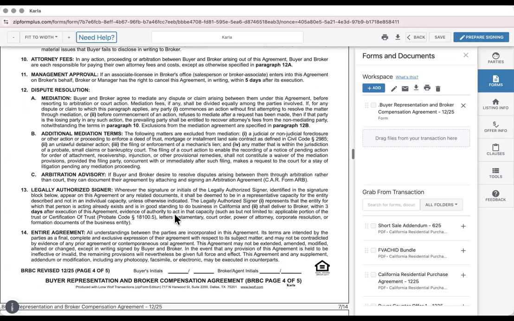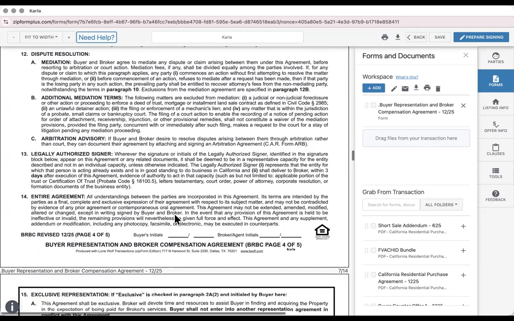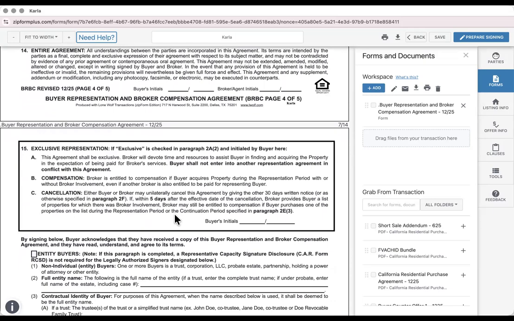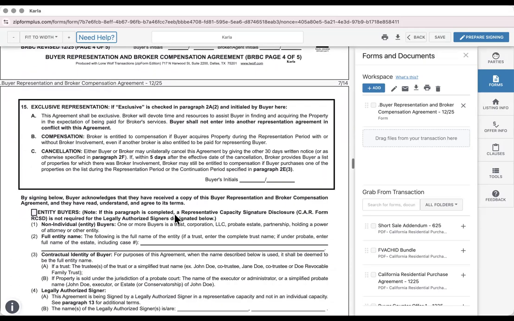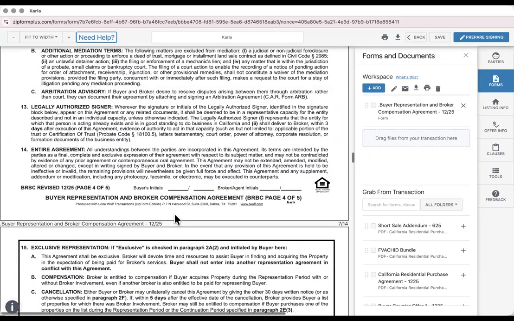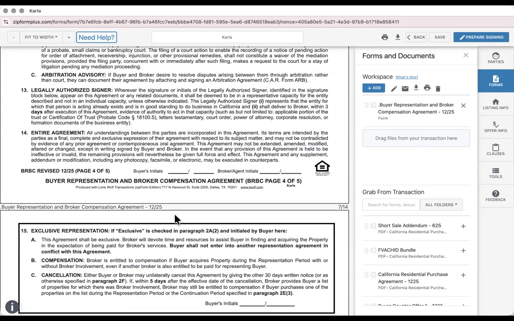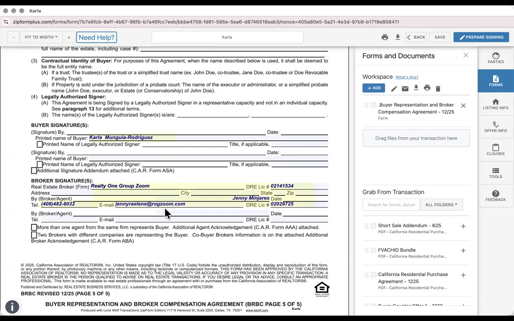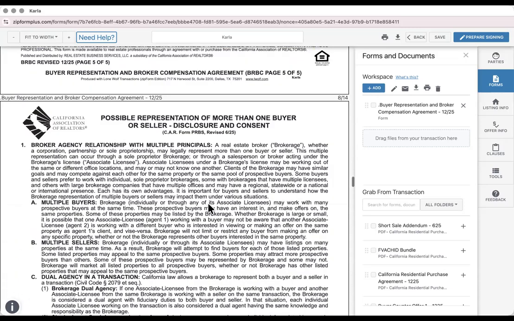Let me see. Inclusive representation. Yeah, this is all just stuff I would have them read. Let's see, then you'd have their signature there, all your broker's information.